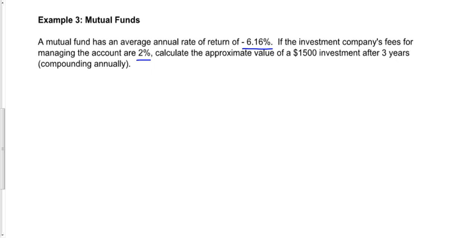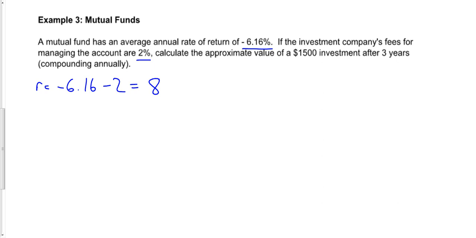Okay, and so we want to calculate the approximate value of a $1,500 investment after 3 years of it losing money. So one thing to be aware of is we've got a rate that is negative 6.16%, and then we're also losing an additional 2% on top of that.